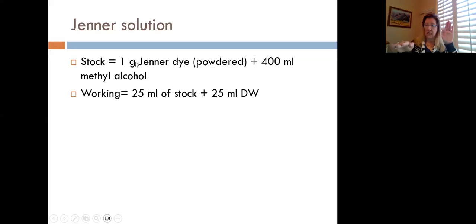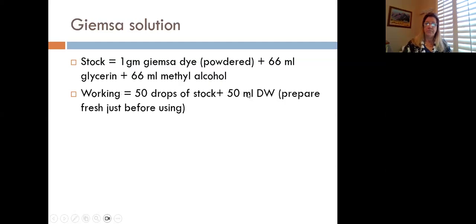So your stock solution is 1 gram of Jenner dye, a powdered dye, plus 400 mils of methyl alcohol. Then you take 25 mils of that stock solution and add 25 mils of distilled water, and now you can put it onto your slide.